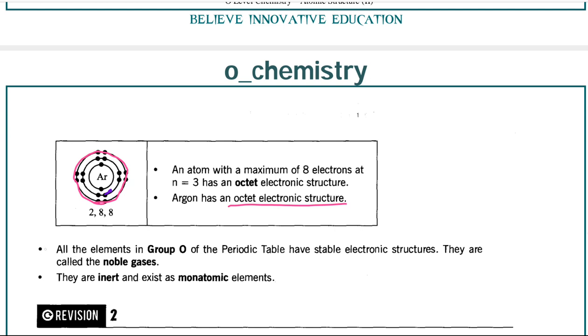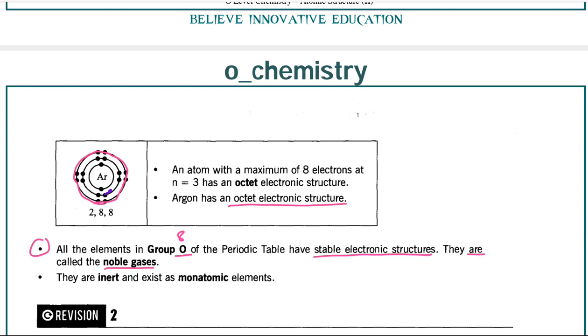Going to our last 2 points, all elements in group 0 of the periodic table, group 0 is also called group 8, have stable electronic structures, which means they are called noble gases.